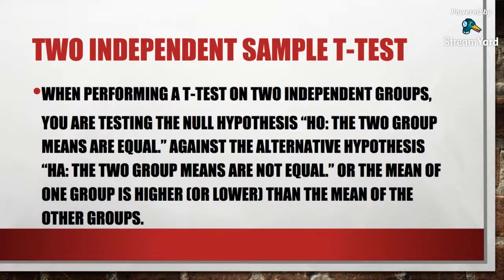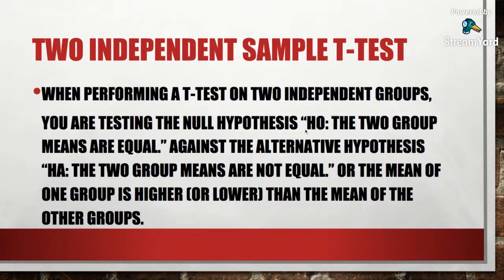So, two independent samples T tests. So, this is the first test that we're going to talk about, the two independent sample T test. So, when performing a T test on two independent groups, what we are actually testing is the null hypothesis that the two group means are equal.